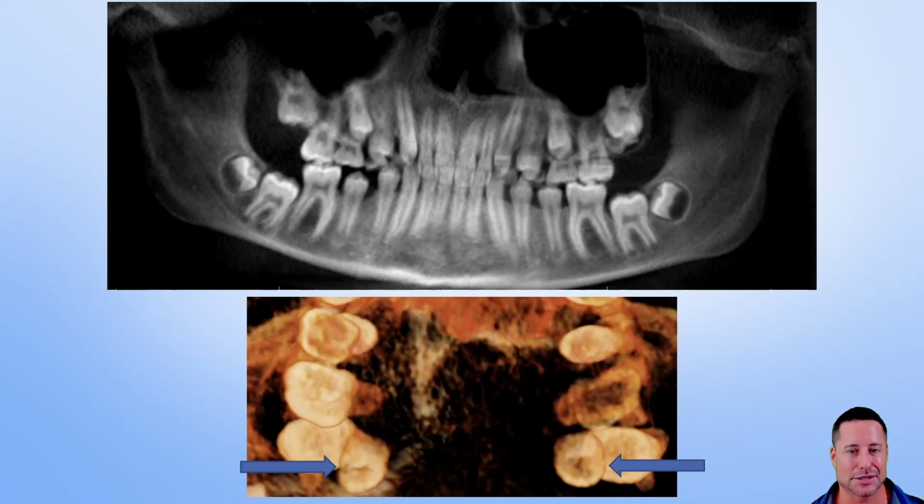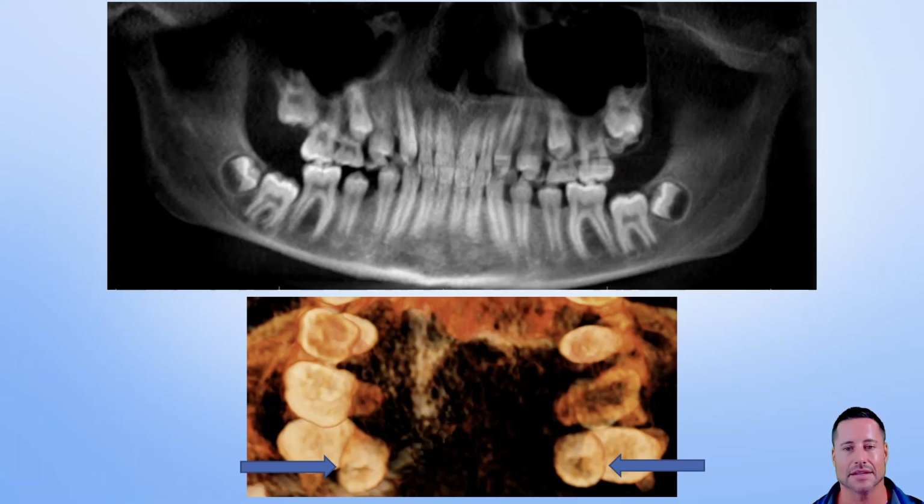And this gets into the discussion we were having about the value of doing this now versus saying, I'll take the 2D image and then look at what I see and then take a 3D image as needed. You wouldn't necessarily do that in this particular case if you thought you knew what was going on from that tooth being there.